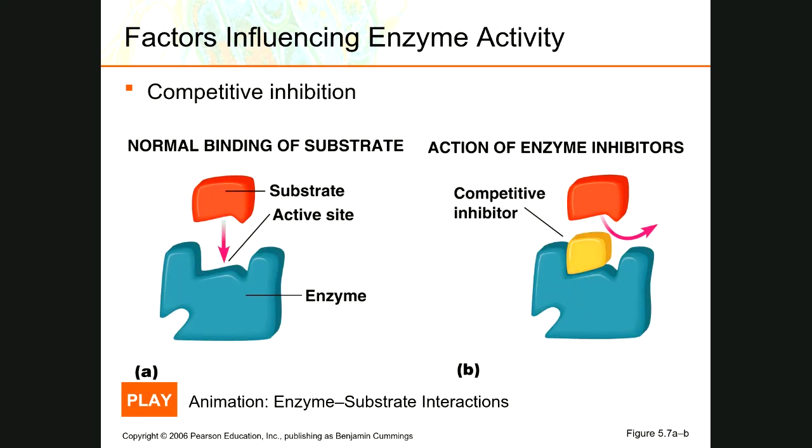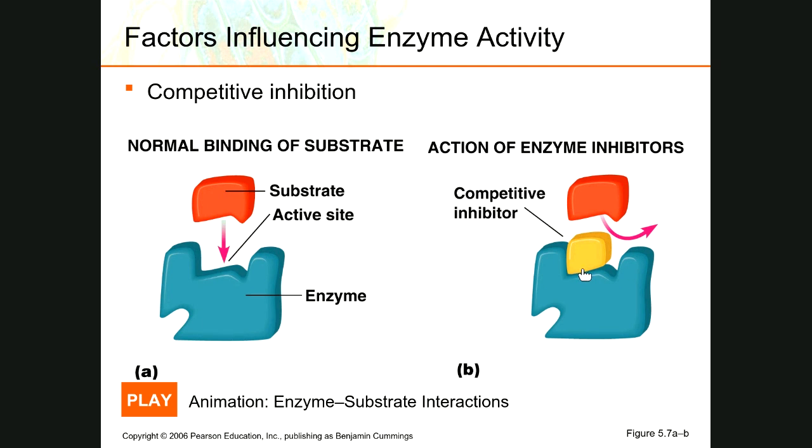Now we can inhibit enzyme activity. We're going to talk about the two types of inhibition, competitive and non-competitive inhibition. But first is competitive. In this case, there is a molecule that resembles the substrate, and so the competitive inhibitor can bind to the active site of the enzyme.